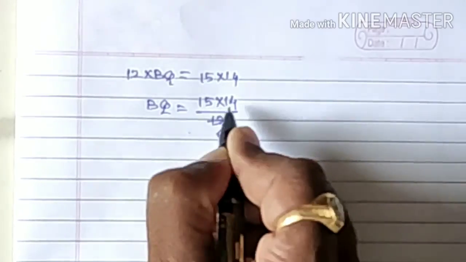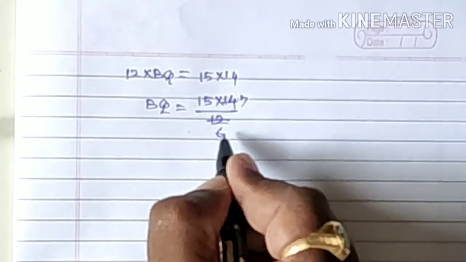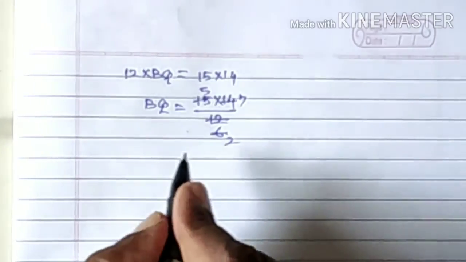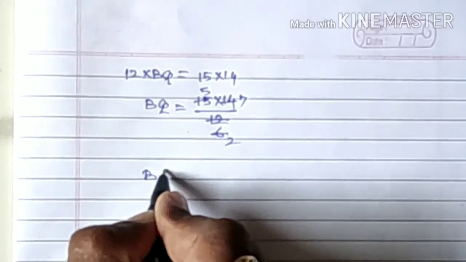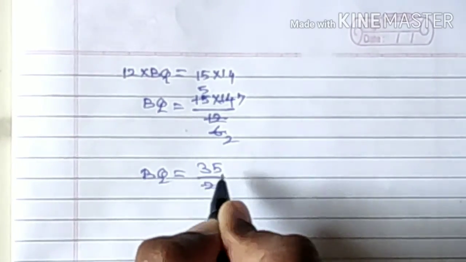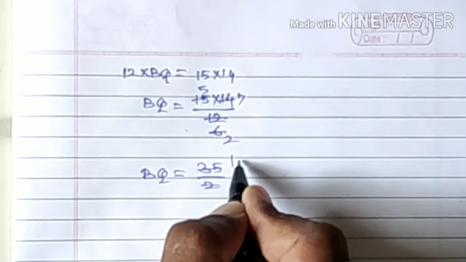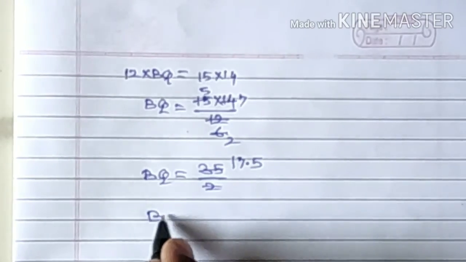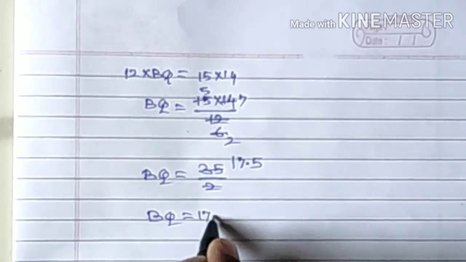Reducing, BQ is equal to 35 divided by 2. BQ is equal to 17.5.